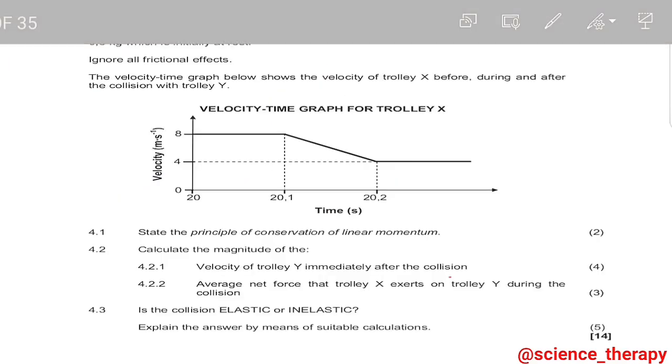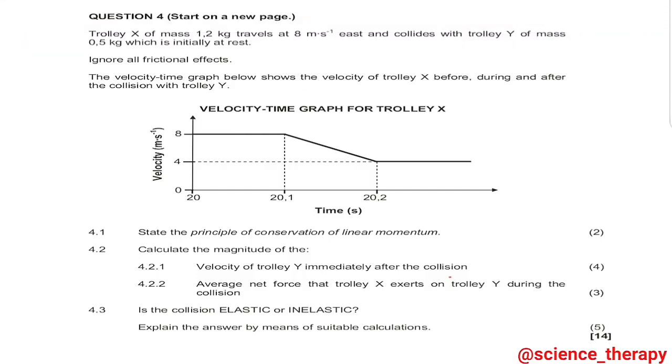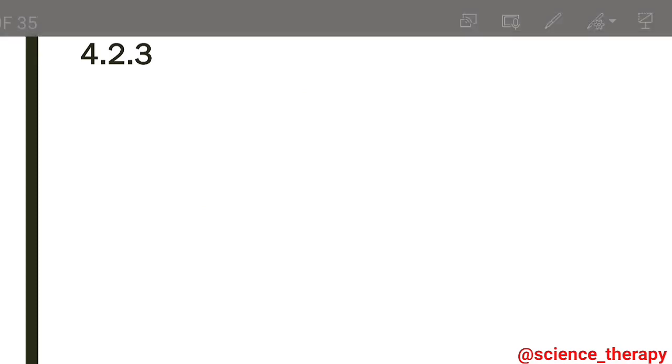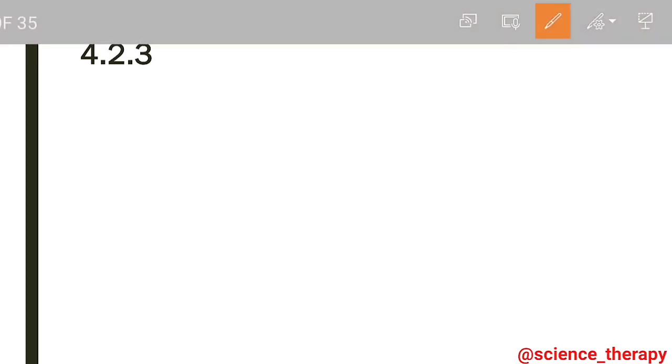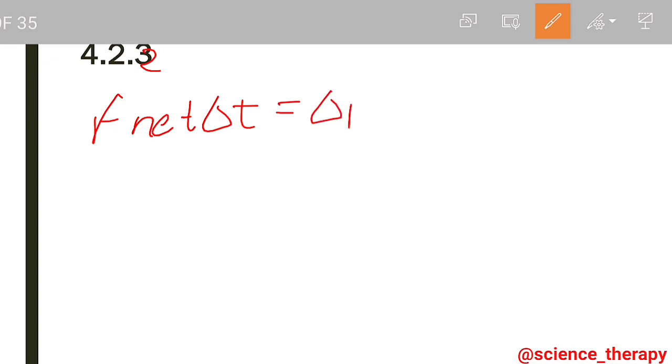Now 4.2.2 says calculate the average net force that trolley X exerts on trolley Y during the collision. To calculate the average net force, the formula we have is F net change in t is equal to change in p, which we call the impulse momentum theorem.